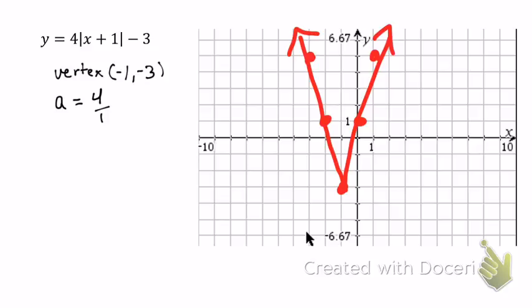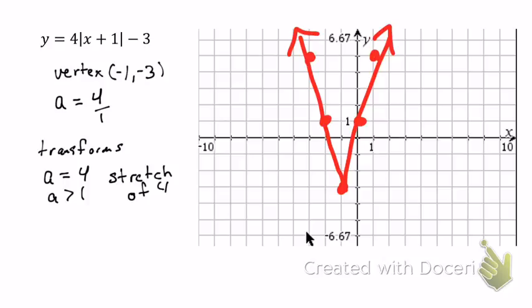Now when I'm talking about the transformations on this graph, this one's going to be pretty straightforward too. We say our A value is 4, and when A is greater than 1, that tells us it's a stretch. So this would be a stretch of 4. In regards to our C value, we see that the equation has x plus c, or x plus 1.